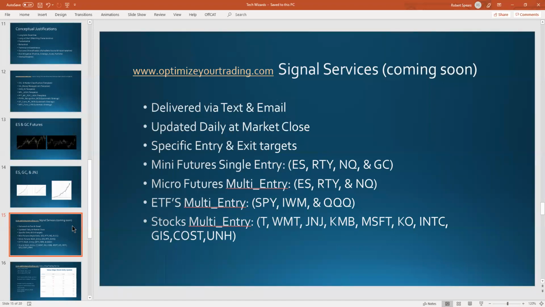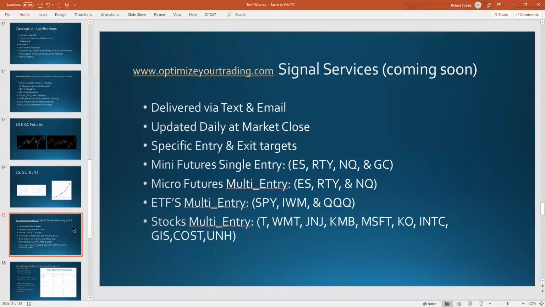And the multi-entry is also dynamic. It's not 2, 2, 2, 2 contracts per entry for the same. It's all dynamically adjusted. So that can be 1, 2, 3, 3, 2, 1, 1, 1, 2, 2, whatever that is. That's based off current market environment and substructure as well.